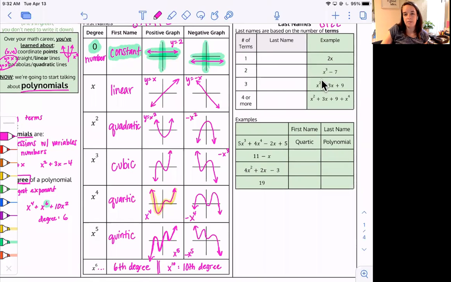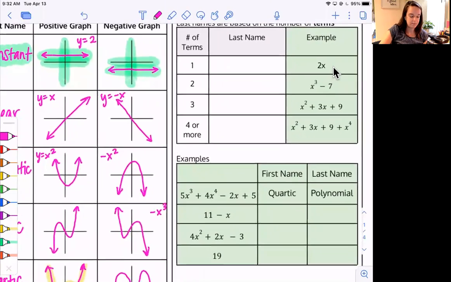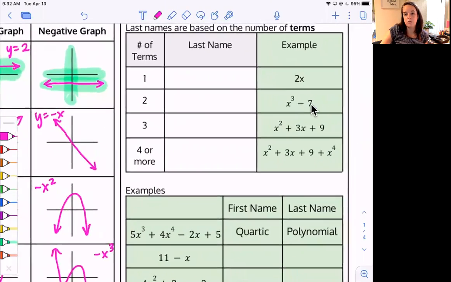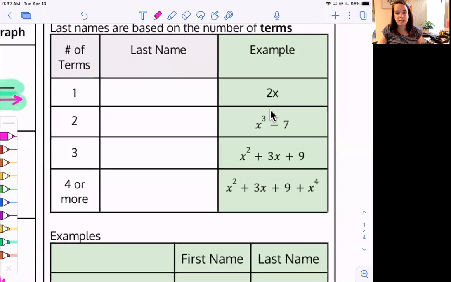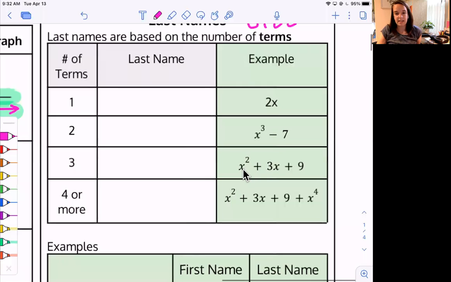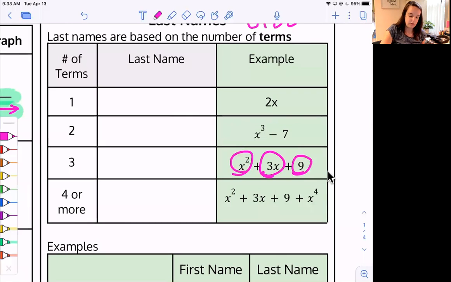There are 2 terms here, let me zoom in, x to the 3rd minus 7. There are 2 terms. This has 3 terms, 1, 2, 3, and this has 4 terms, 1, 2, 3, 4. You can have an infinite number of terms. You could add more and more terms if you want, but they get more complicated after that.